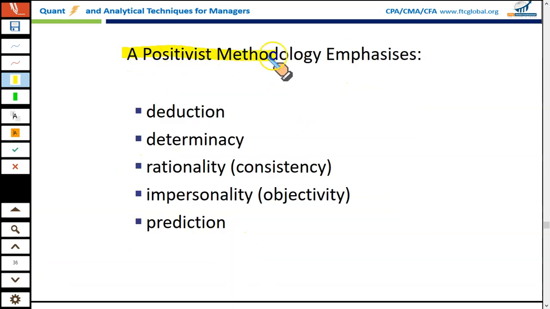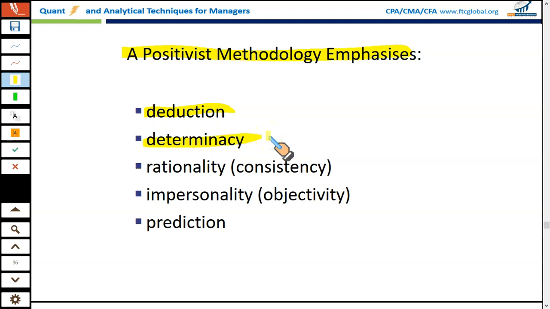A positivist methodology emphasizes deduction. We are going to discuss this in the coming slide. Deduction simply is starting with a general idea or a theory. You start with an idea or a theory and then test it through some specific observations or experiments to see if this theory of yours holds true. We'll discuss in detail. Then determinacy.